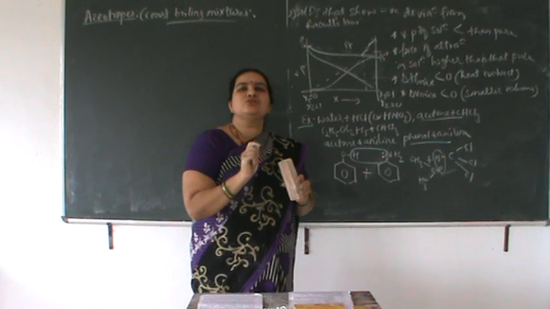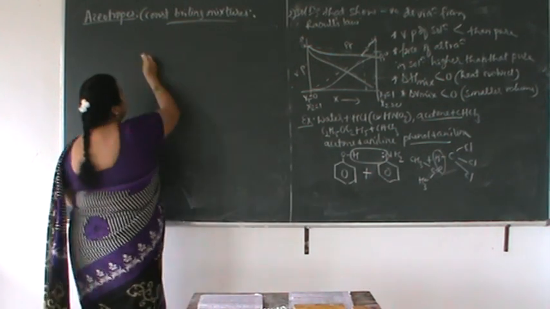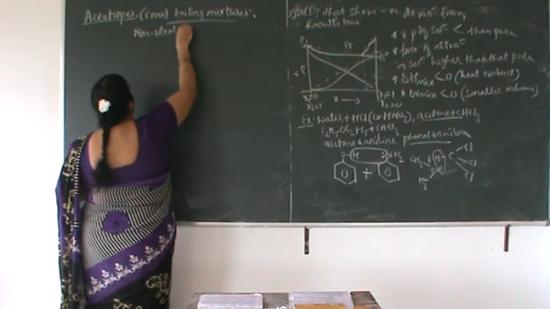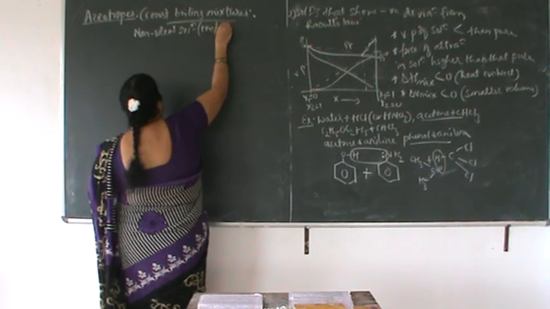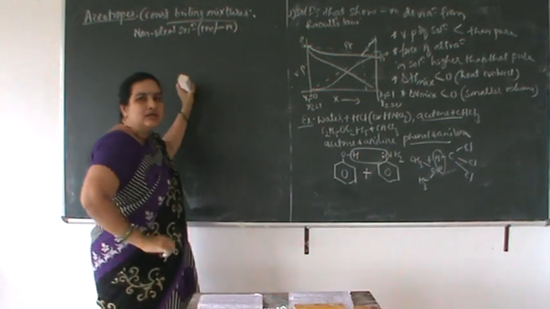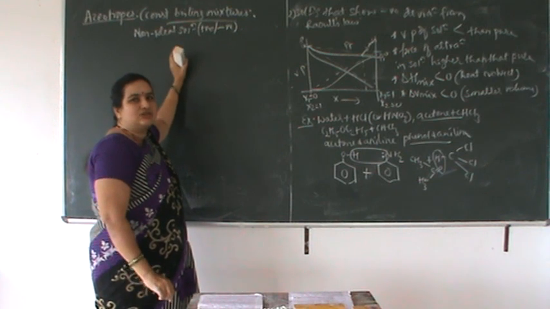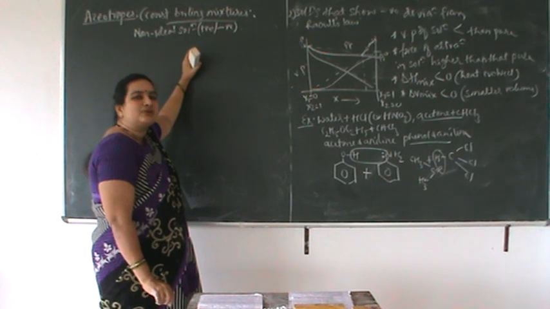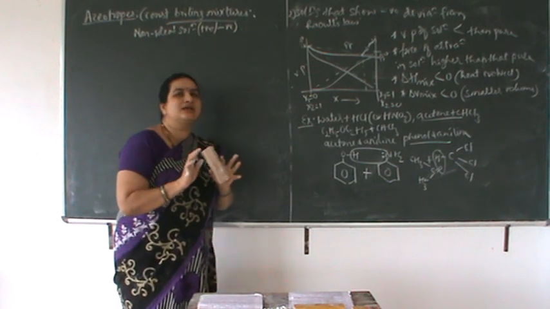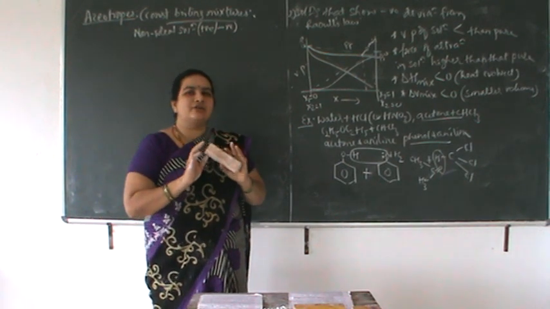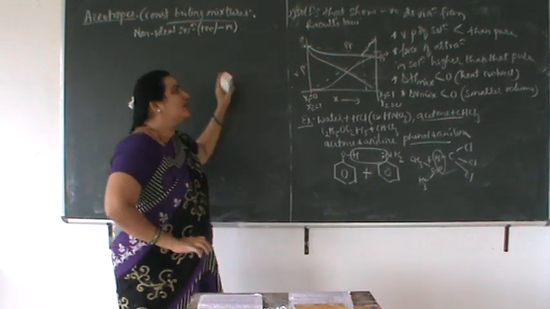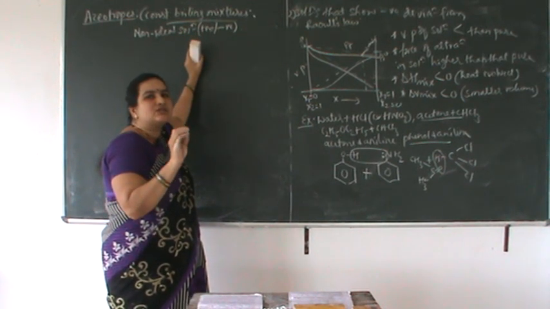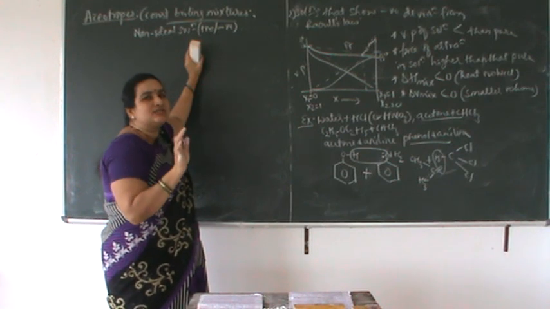Now if non-ideal solutions, showing positive or negative deviations, are subjected to fractional distillation, we cannot separate the components by fractional distillation, as at the boiling point there will be a mixture which distills without change in composition.